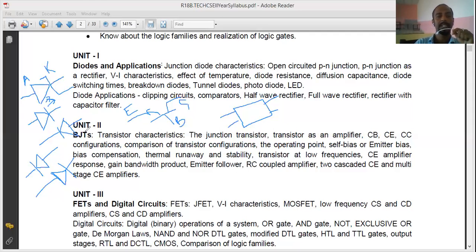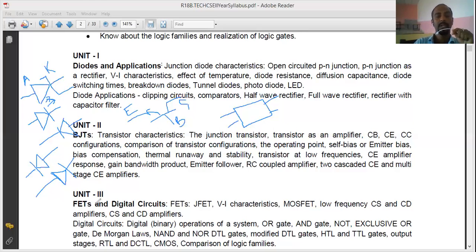Okay, BJT is the bipolar junction transistor. As I said here, you have NPN and PNP. So there are two carriers, the charges, n type and p type, that is electrons and holes. So that is why it is called bipolar. Whereas FETs are unipolar. It can be only electrons, or it can be only the positive charge holes.